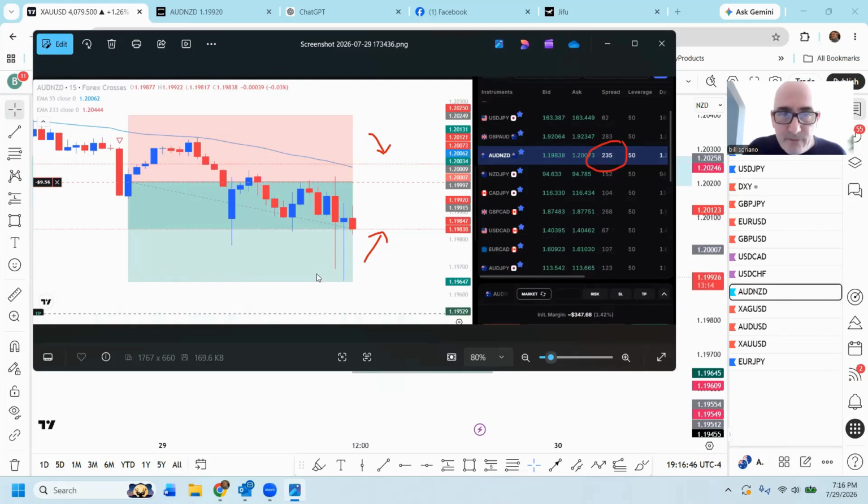Because of the way this spread is, if price would have moved up to about the break even point where I got in this trade, this ask line would have moved all the way up to here and hit my stop, and I would have got taken out at a loss.